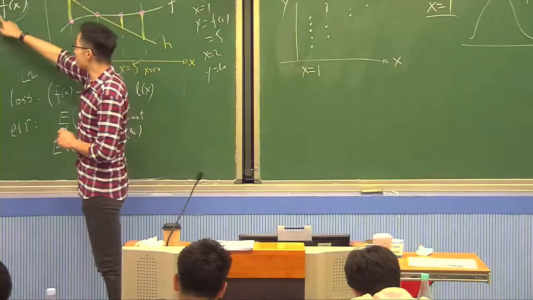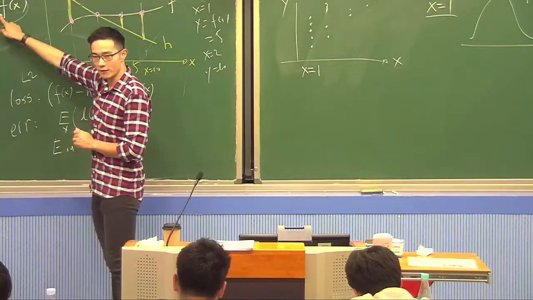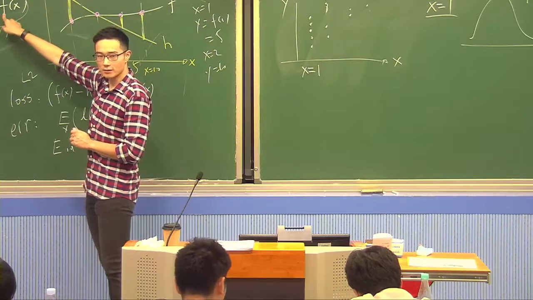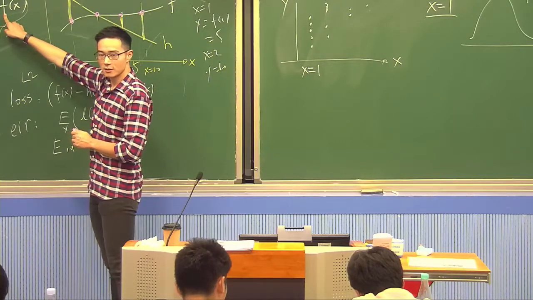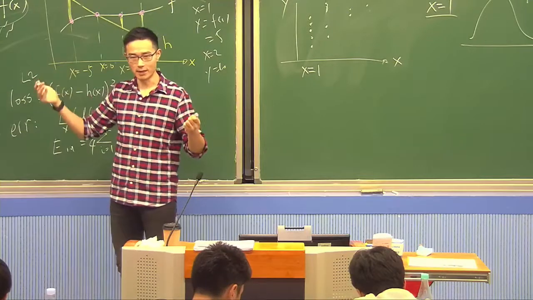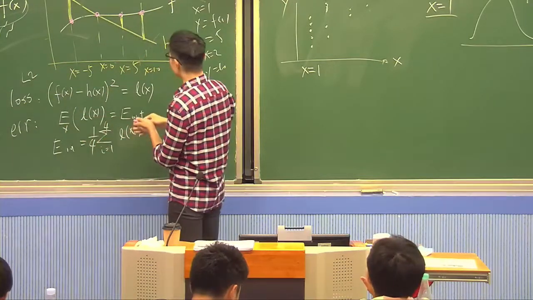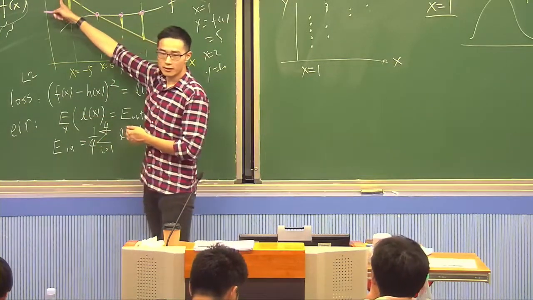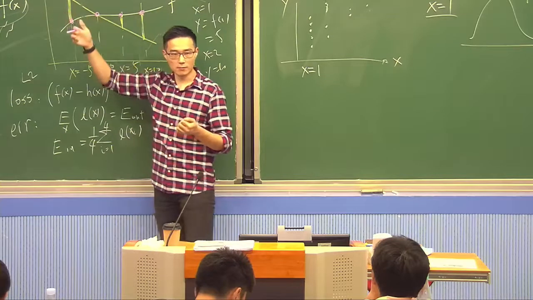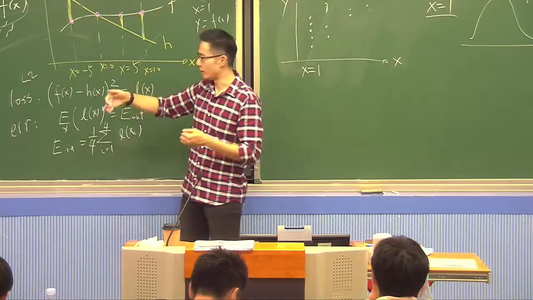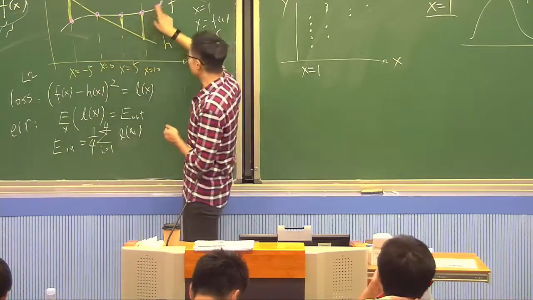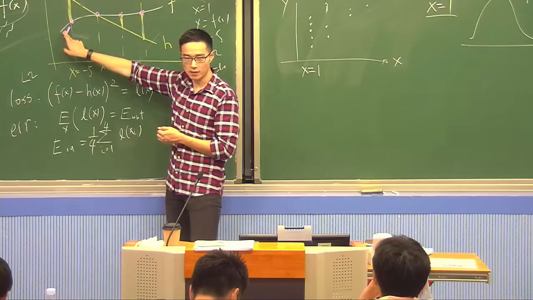In this case, if y is equal to a deterministic function f(x), how do I learn this f? Well, I give a proposal, right? I make a guess. I say this f looks like this h. And then maybe I give it a model. A model is basically a set of different h, right? And I try to find the h that comes as close to this f as possible.